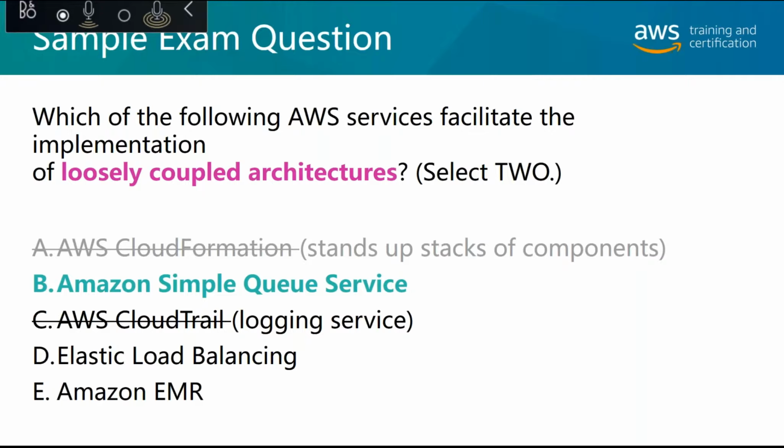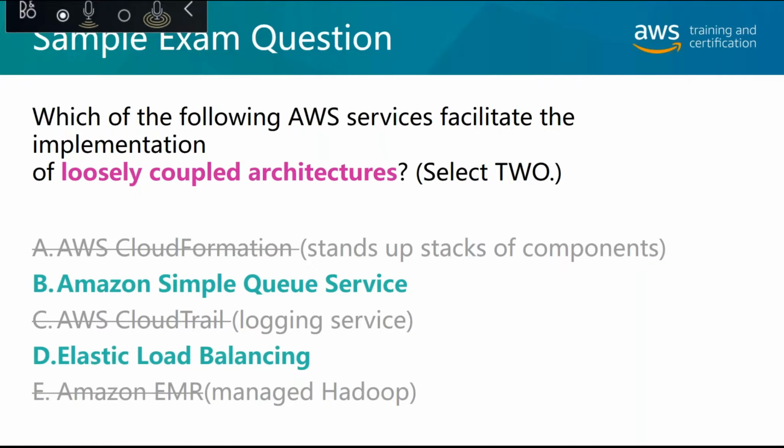That's for auditing purposes, and it's not the answer for the loosely coupled architecture. EMR is a managed Hadoop cluster, or you can run Spark or any processing framework, so it's not the correct answer. Your answers are Amazon SQS and Elastic Load Balancing, and you can have an application load balancer or a network load balancer.